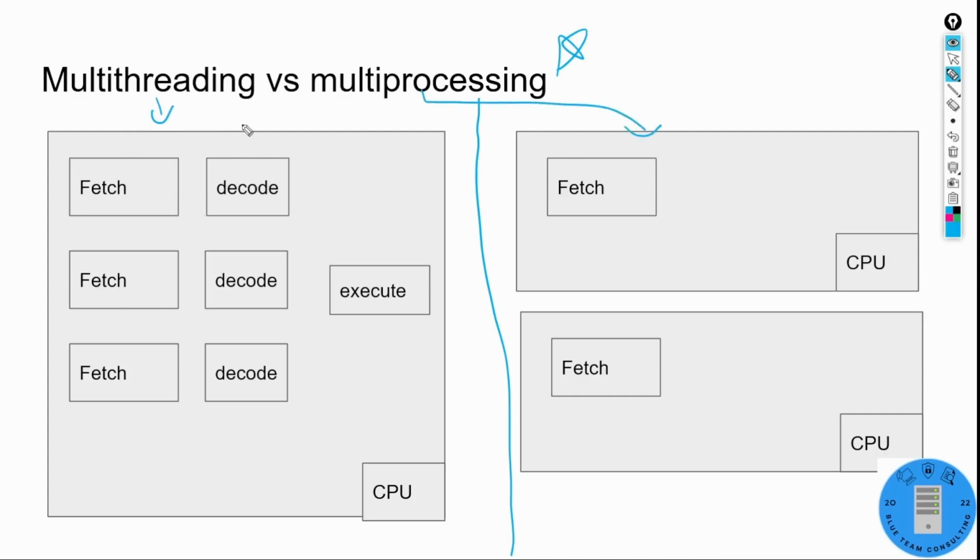So starting with multi-threading, remember when we talked about the CPU, we had the cycle of fetch, decode, and execute. And that is how the computer, the brain of the computer, is executing your programs. So the first step is it's going to go out and fetch the next instruction. Remember that came from memory.